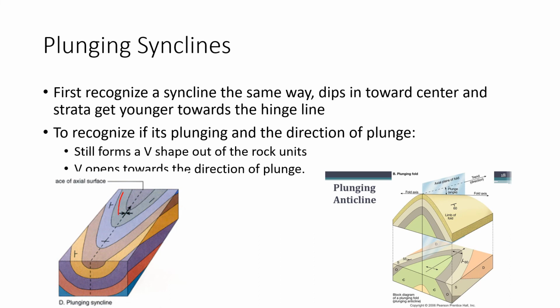We have a V here, a V here, and a V here, and this is plunging in the same direction, that way. Instead of closing like an anticline, a syncline is going to open towards the direction of the plunge. You can see that over here as well, where you have the V and the plunge in that direction.